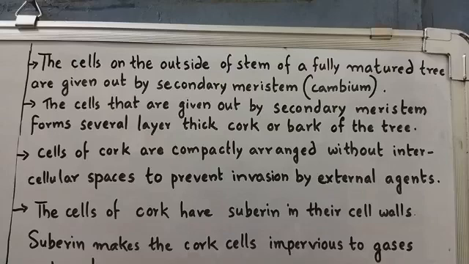The cells that are given out by the secondary meristem form several layers thick cork or bark of the tree.